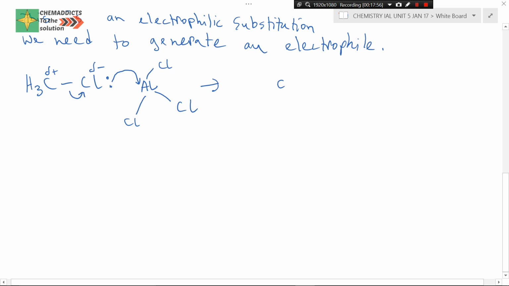The electrophile would be H3C plus, since it has lost chlorine, and we're gonna have AlCl4 minus as the nucleophile. We need both in this mechanism. First we're gonna need an electrophile, which is methyl.